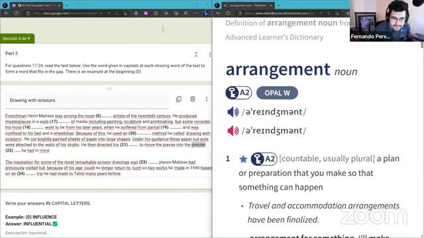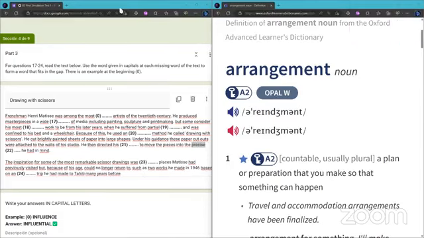Go, Isaac. What kind of word do we need in number 23? The inspiration for some of the most remarkable drawings was placed with this.